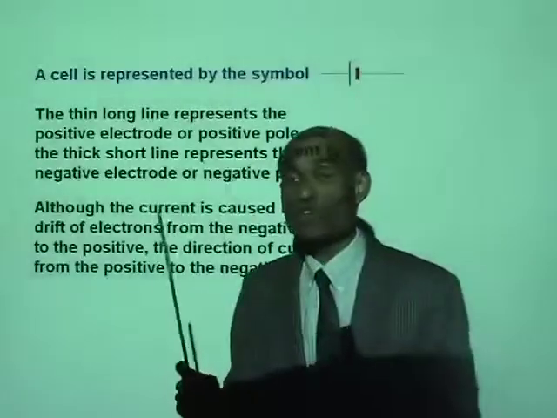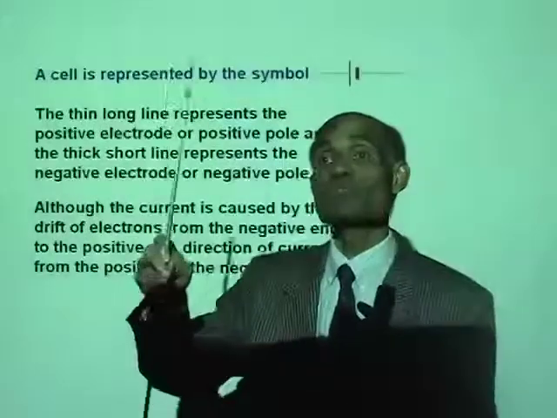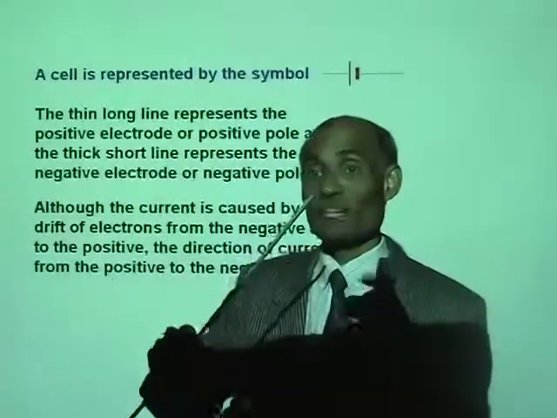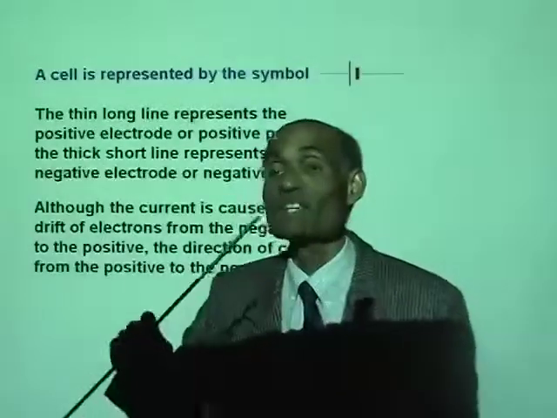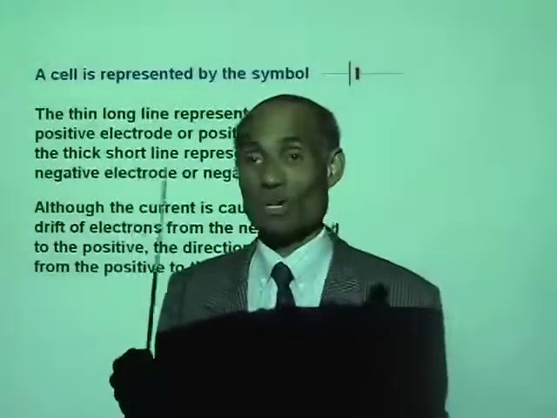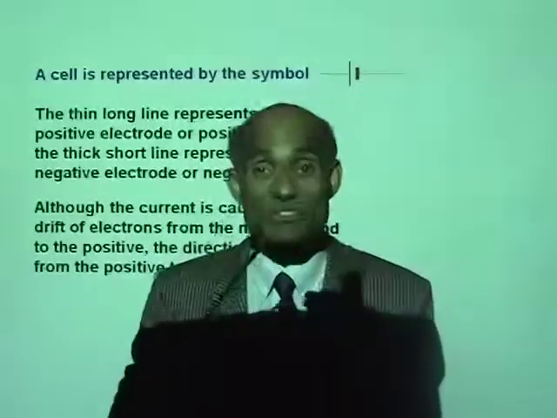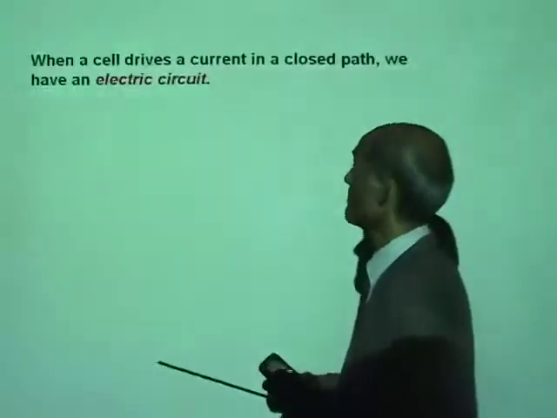Although the current is caused by the drift of electrons from negative to positive, the direction of current by definition is from positive to negative. Why again? Because our unit, our test charge is a unit positive charge. That is why.